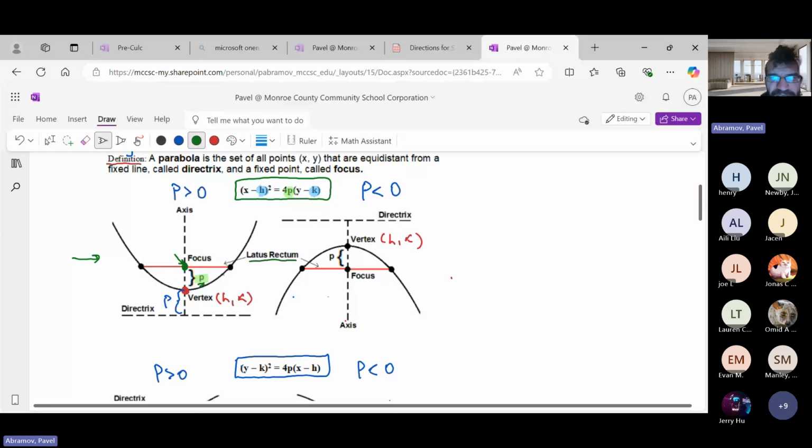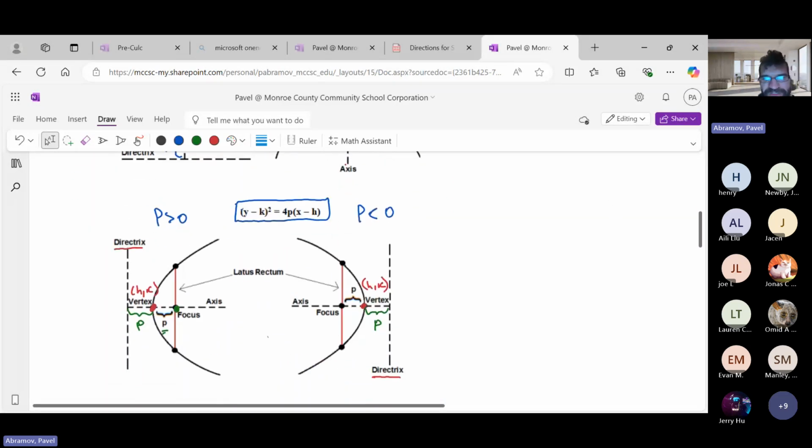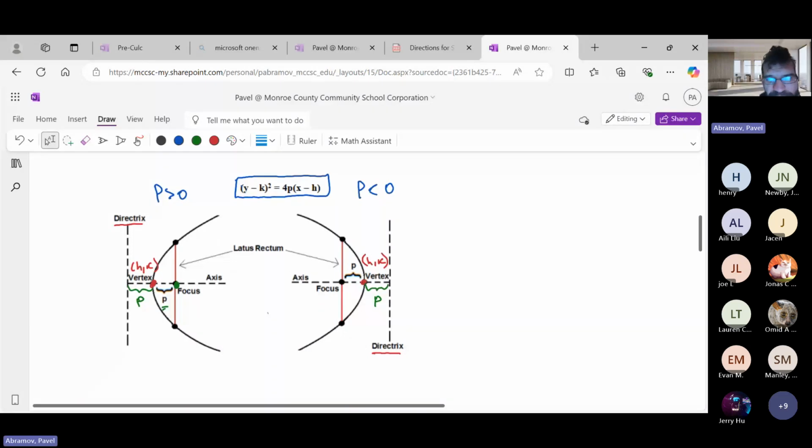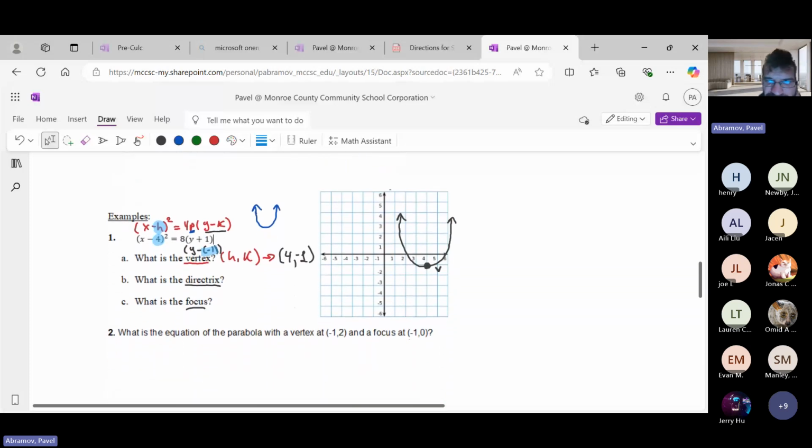Regardless of which way it opens, it's always on the opposite side. So the parabola kind of runs away from the directrix. We can also see this when it opens horizontally. So the parabola is like a Pac-Man, and it always runs away from the directrix. Therefore, our directrix will be somewhere below the parabola.